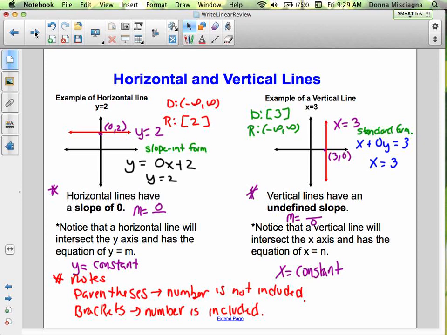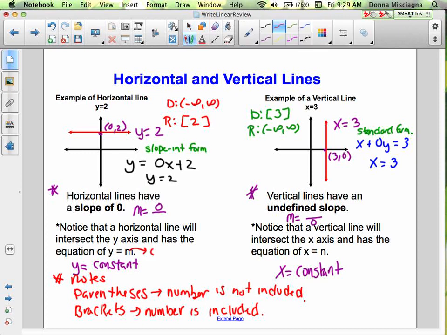All right, so here we have an example of a horizontal line. The equation is y equals 2. So if you have y equals a constant, that is going to be a horizontal line. There's no x. You could think of it as y equals 0x plus 2, and it has a slope of 0. So notice that a horizontal line will intersect the y-axis, and it has an equation of y equals a constant.